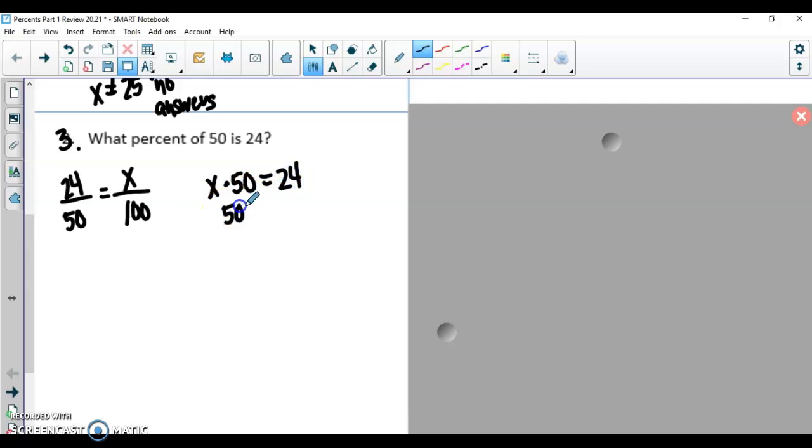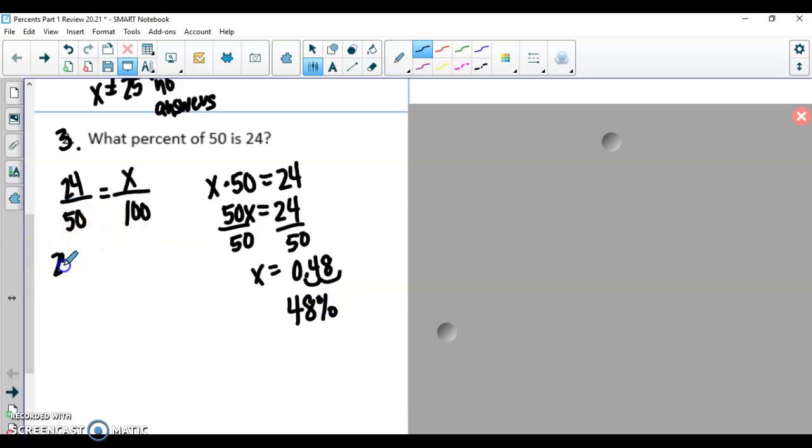I'm going to just rewrite this a little bit nicely. 50x equals 24. Divide by 50 on both sides here. X equals 0.48. But remember, this says what percent, so percents show up as decimals here, so we would need to move that over as 48%.